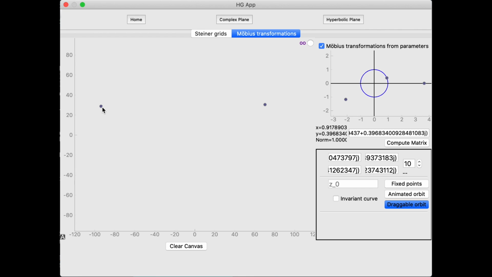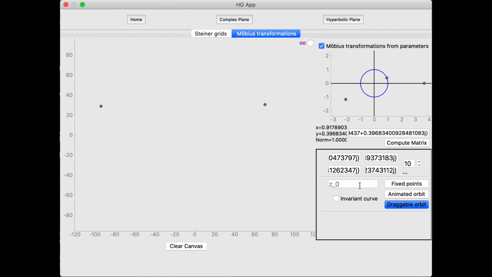Since I clicked here first, it's going to rotate according to alpha here, and here it's going to rotate according to alpha inverse. If you think about it, this is similar to what happens with 0 and infinity and rotation by alpha, right? Around 0, you do see rotation by alpha, but around infinity, you see rotation by alpha inverse, by multiplying by alpha inverse.